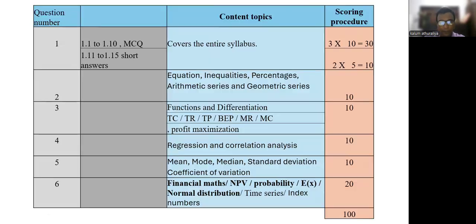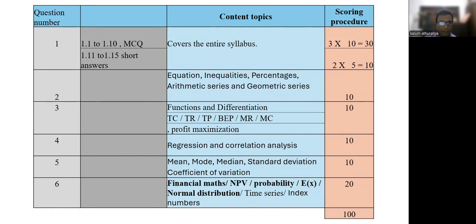Right. Now, this is the structure of the paper. Mainly there are 2 papers, the first paper and the second paper. The first paper includes 15 questions.